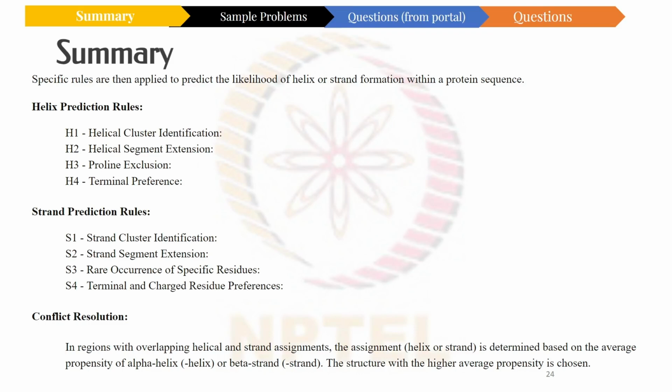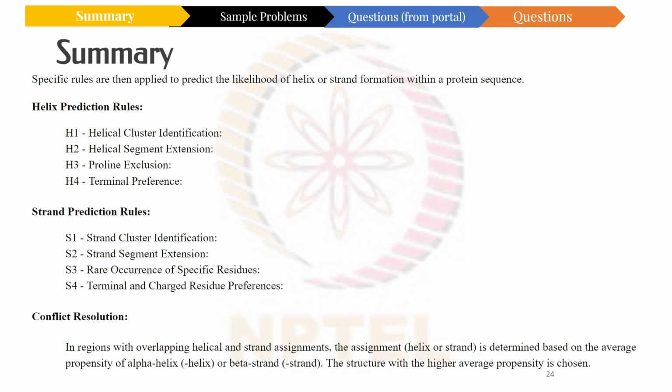So by assigning the propensity values and applying the prediction rules, a helix segment is predicted. Similarly, strand prediction rules include strand cluster identification, strand segment extension, rare occurrence of specific residues, and terminal and charge residue preferences.